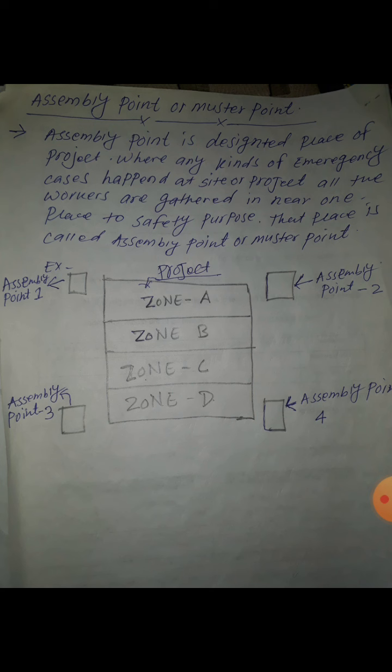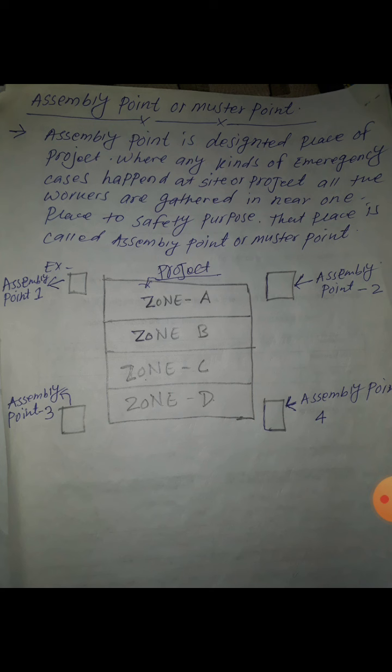Whichever assembly point is near you, you should go there, not far away. Whichever assembly point is near your working area, go there. After that, everyone is counted, to check whether all have come or not.